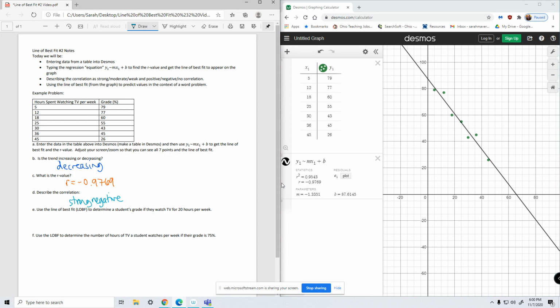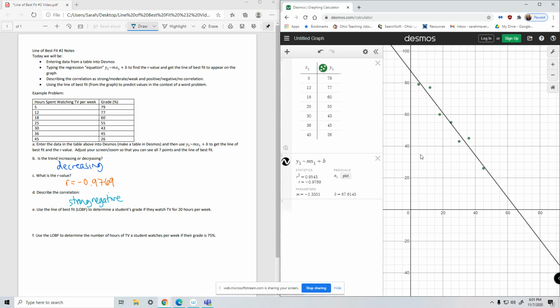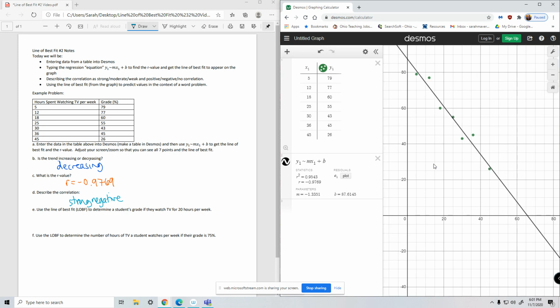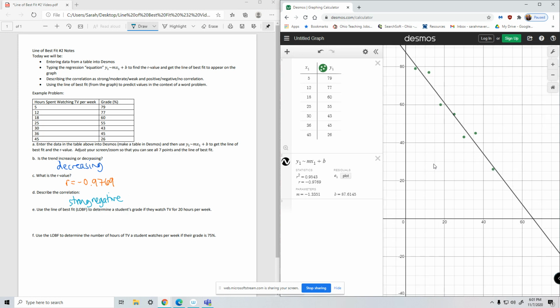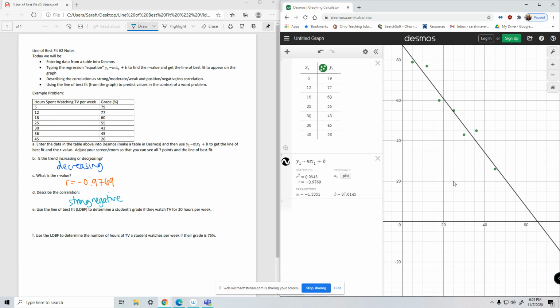The last two things we haven't done yet, these last two things are new. What we're going to do is make some predictions using the line of best fit. So I'm actually going to adjust this a little bit better. Okay. And so what they want us to do here is use the line of best fit to determine a student's grade if they watch TV for 20 hours per week.